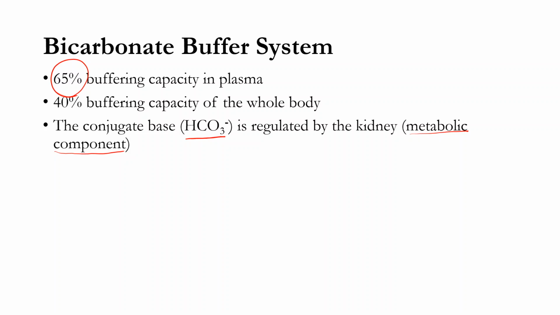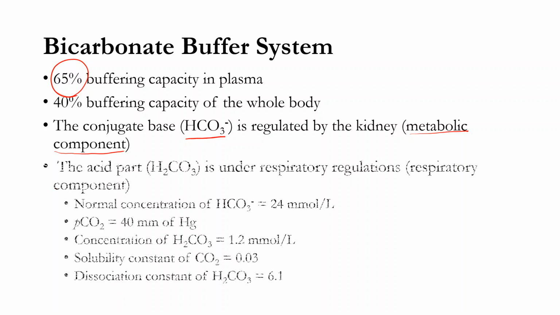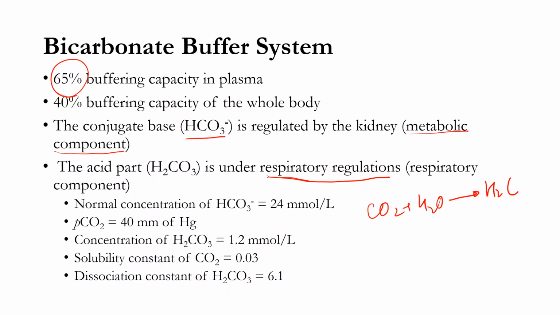So let's suppose if more and more proton is being generated by some acid in the body, then more and more bicarbonate ion will be generated. The acidic part is under respiratory regulation. It means the carbon dioxide, because we know that carbon dioxide plus water will make carbonic acid.